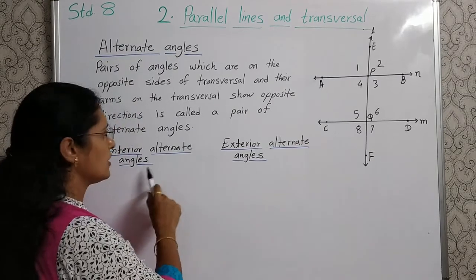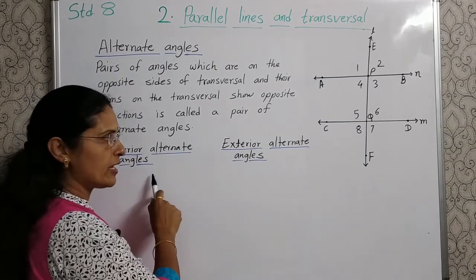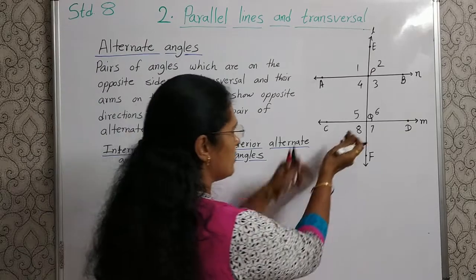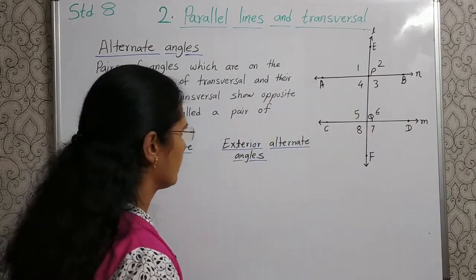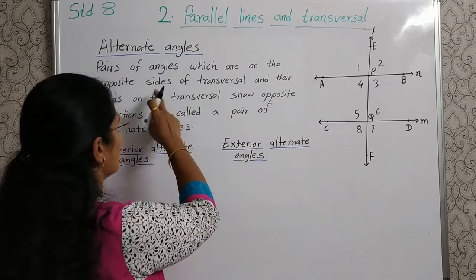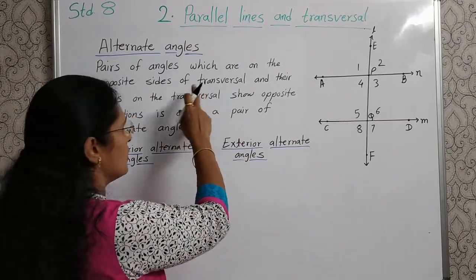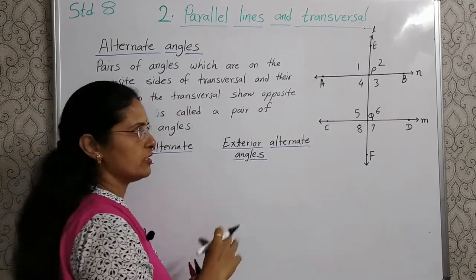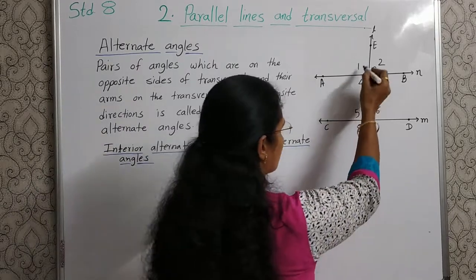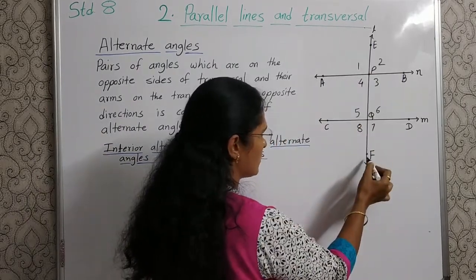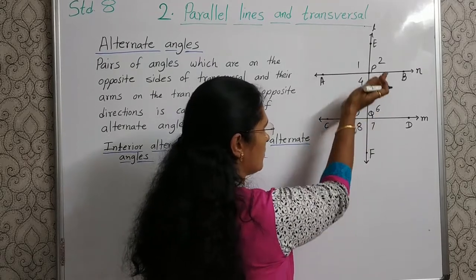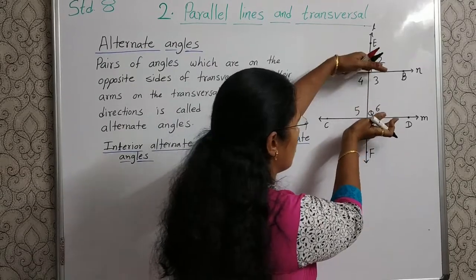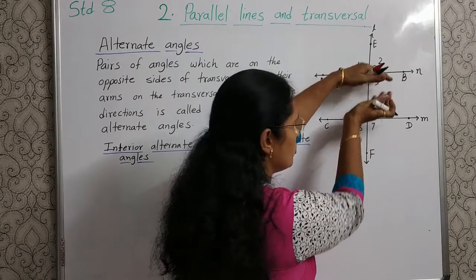See, first interior alternate angles. These angles are at the inner side of the given two lines, and these angles are on opposite sides of the transversal, inside the inner side of these two lines.